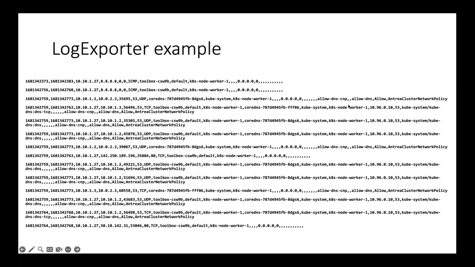If you look at the third line, you can see that there is an Antrea cluster network policy which applies to that traffic, and you have the name of the policy and the name of the rule. And there is a pretty print option, which I didn't discuss in the configuration, which takes care of things like translating the protocol number into a protocol name.